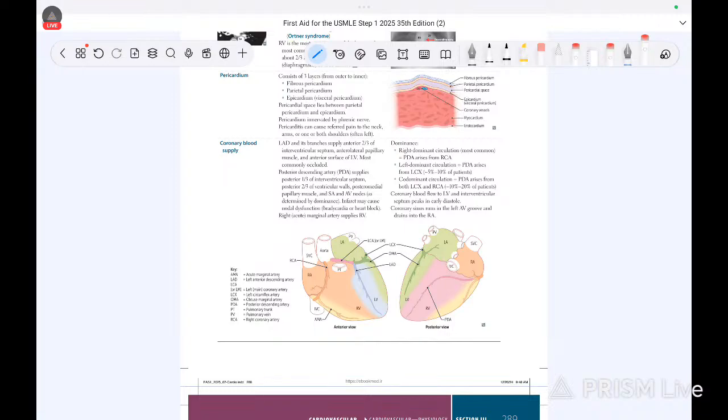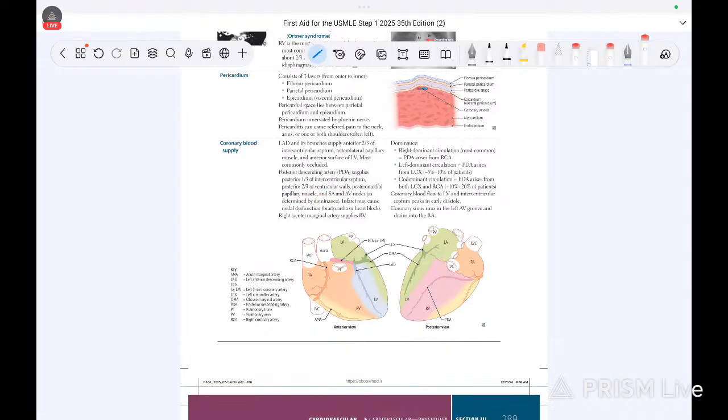The posterior descending artery supplies the posterior 1/3 of the interventricular septum, the posterior 2/3 of the ventricular wall, the posteromedial papillary muscle, and also the sinoatrial and atrioventricular nodes.